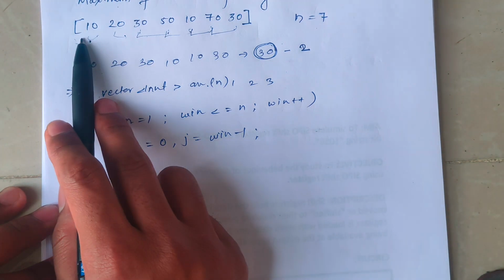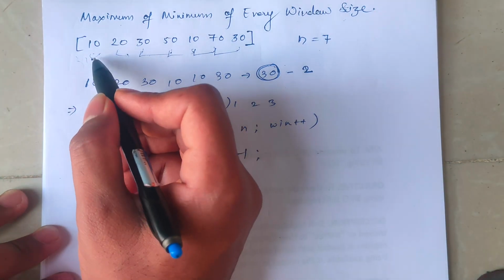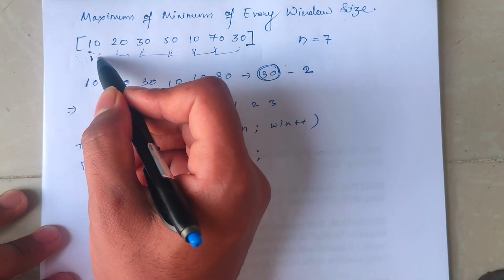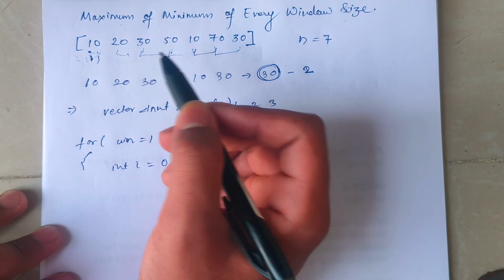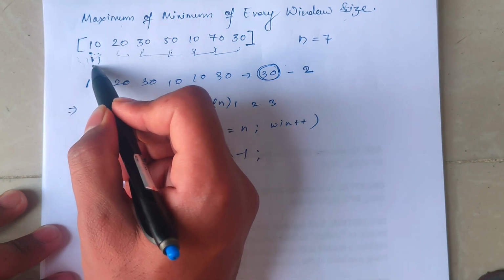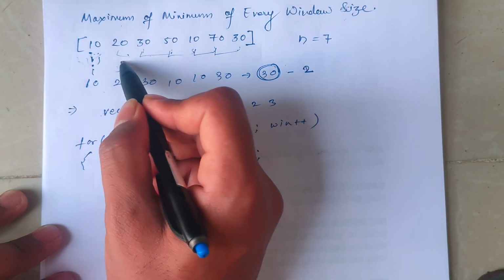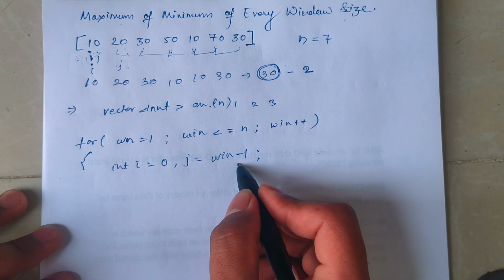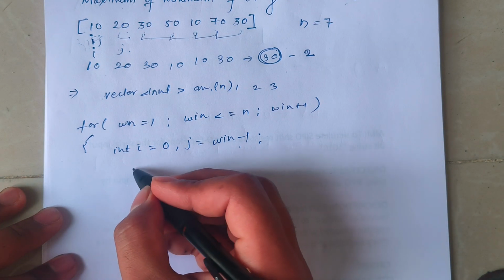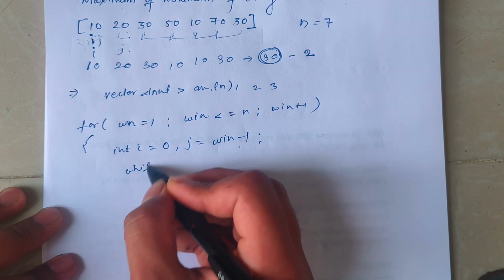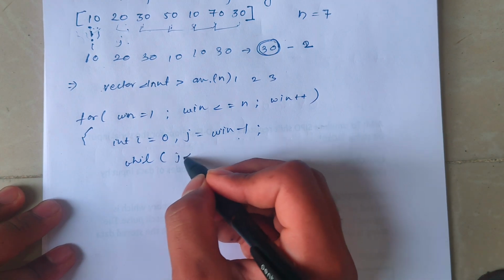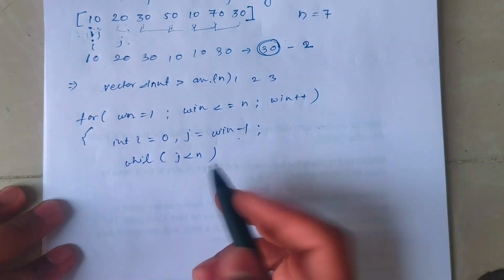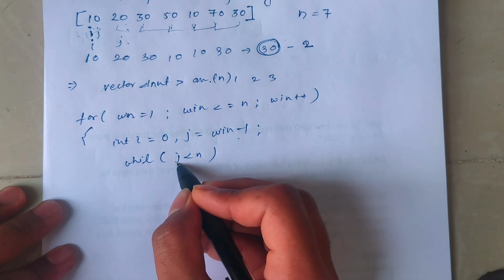Like here for window size 1, the ith would be at 0 and jth would be at 0 as well. For window size 2, i would be at 0, j would be at 1. So window size - 1. And while j is less than n, we will slide the window until j is less than n.